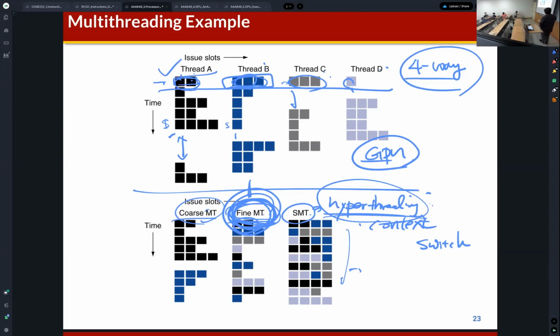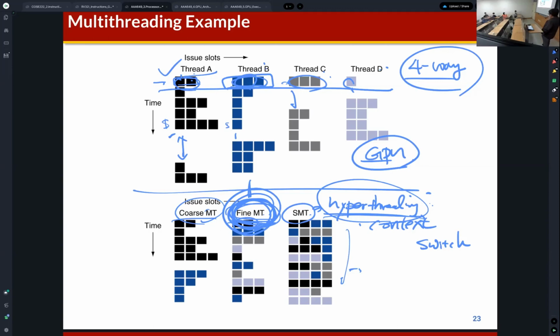Intel and AMD processors also support superscalar, which means that a single core can fetch multiple instructions every clock, so a single core has multiple slots for multiple instructions.